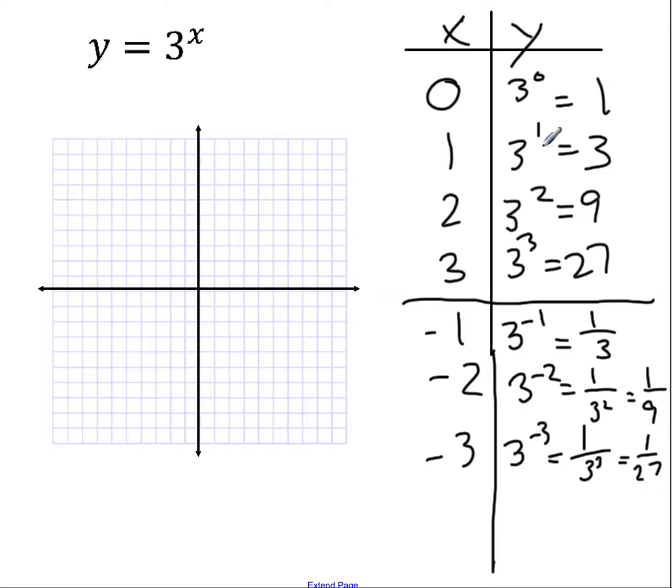So now let me graph it. 0, 1. Well, that's right here. That's easy. 1, 3. That's easy. 2, 9. That's easy. 3, 27. Well, it doesn't even fit on my graph, but I know it's way up here. All right, what's happening at -1? 1/3.